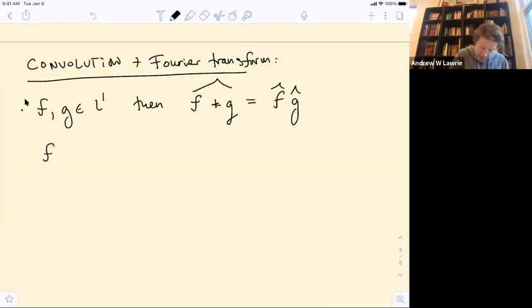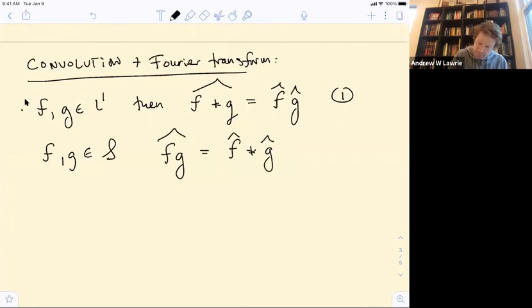If I take f and g Schwartz functions, the Fourier transform of f times g is equal to f hat convolve with g hat. I'll call this 1 and this 2. So in particular, both identities hold in the case of Schwartz functions.